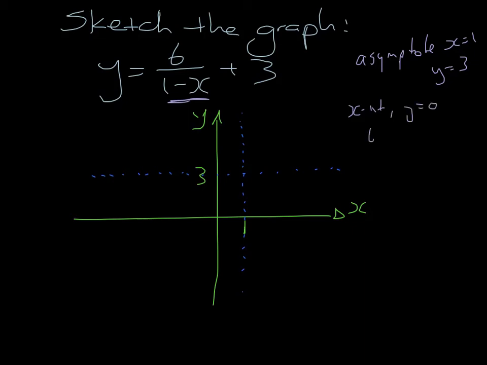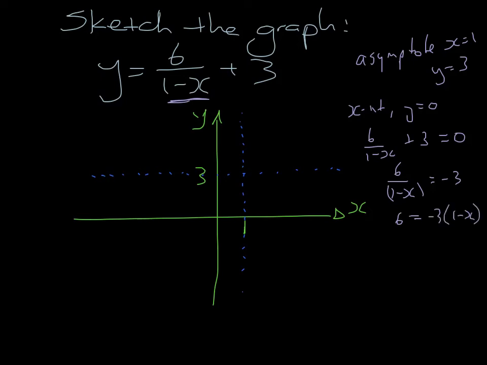So we'll have 6 over 1 minus x, plus 3, equals 0. Take 3 from both sides: 6 over 1 take x equals negative 3. I'm going to put the bottom in a bracket and multiply both sides by that bracket, which will shift it to the right hand side, which will tell us that 6 is equal to negative 3 by 1 take x.